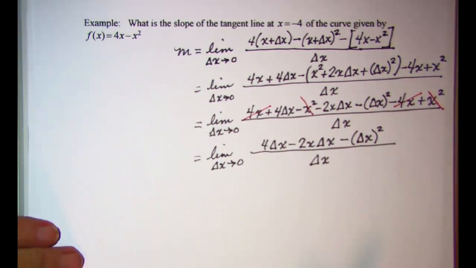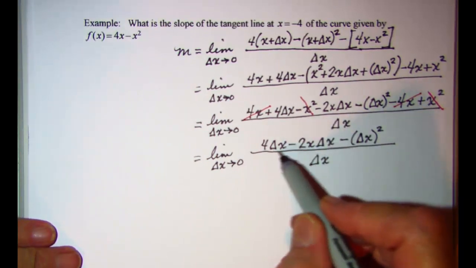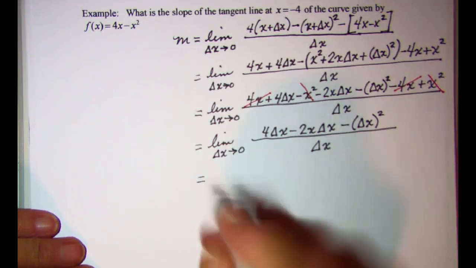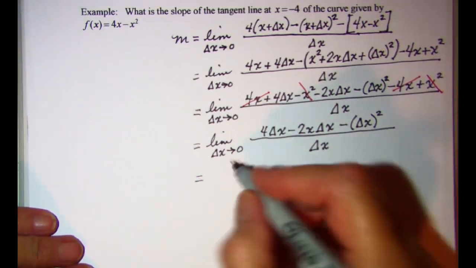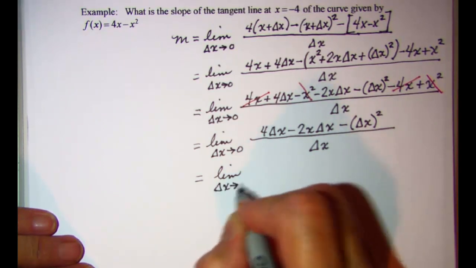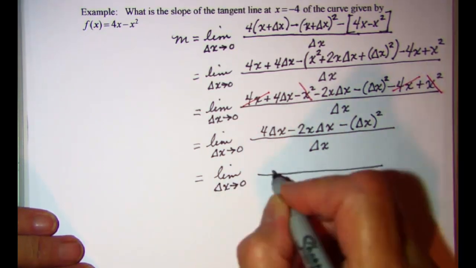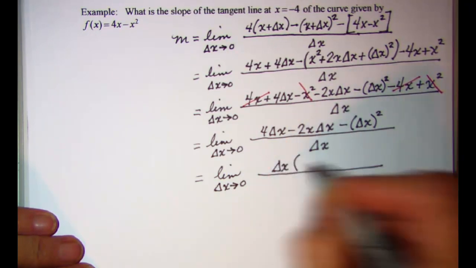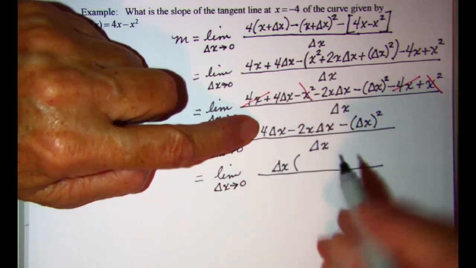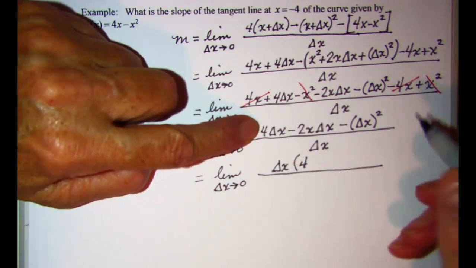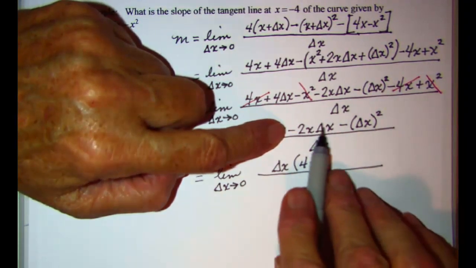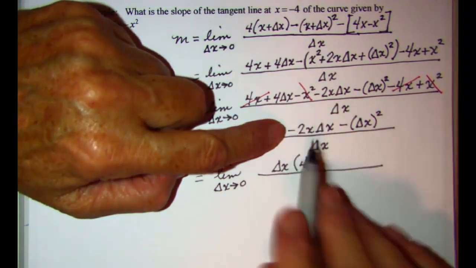As you can see, we do have a delta x factor in every term. So let's factor that out. When I take the delta x factor out of this first term, I just have 4 left, minus, when I take the delta x factor out of this term, I have 2x.